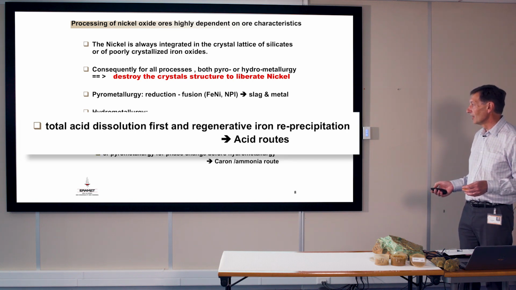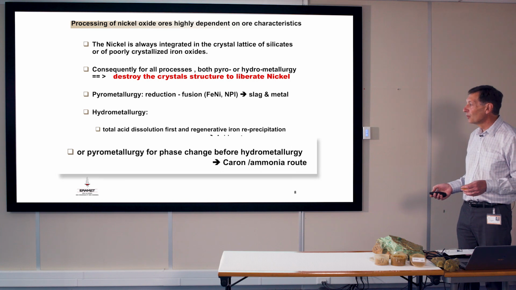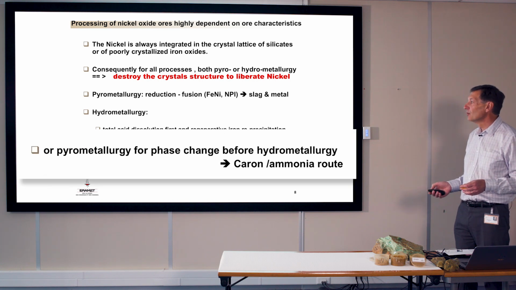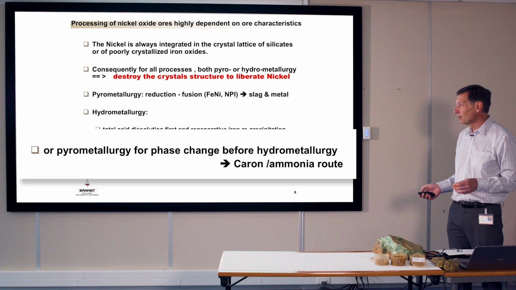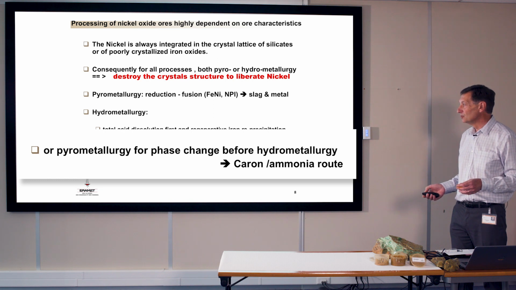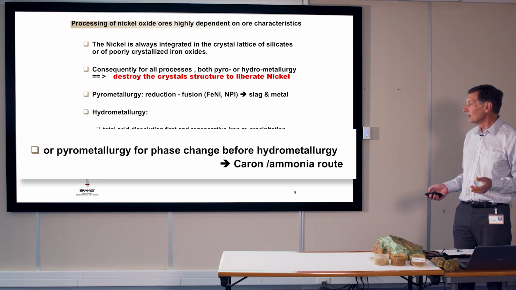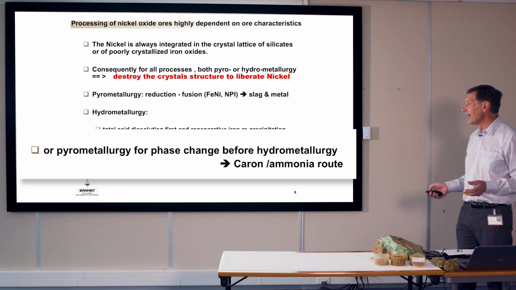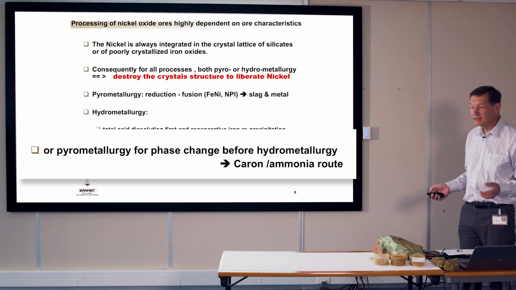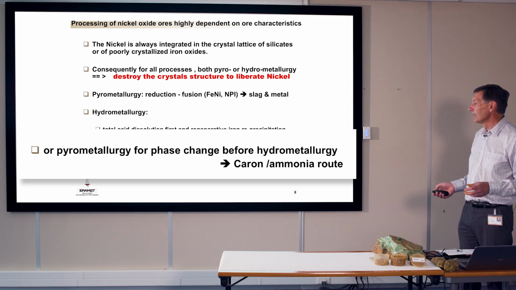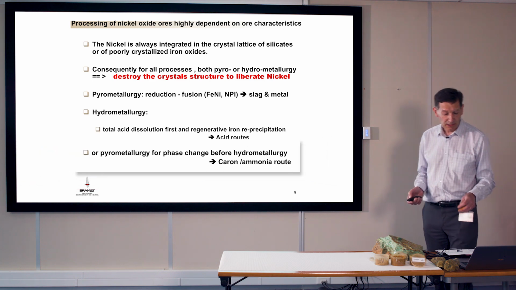That's what we call the acid routes. There is another route, a mixture of pyro and hydro, with first pyrometallurgy to treat the ore, to reduce some part of the ore, and then to change the phases, and then classical hydrometallurgy to recover nickel and cobalt.